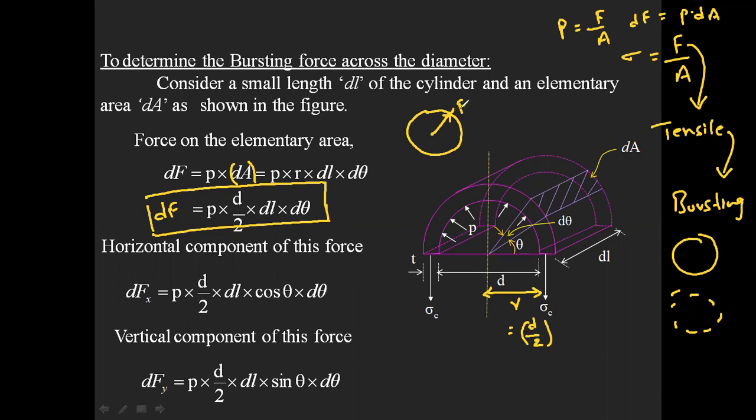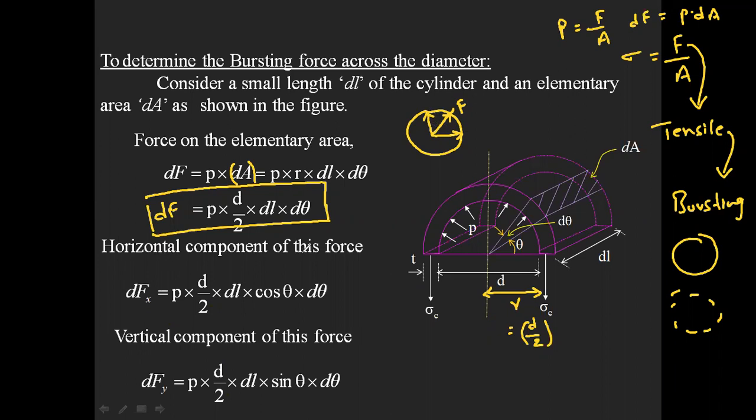Now this dF is going to be divided into one horizontal component and one vertical component. This elemental bursting force is acting radially, so let us split it into a horizontal component and a vertical component.